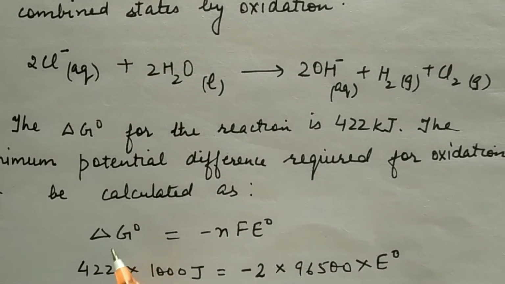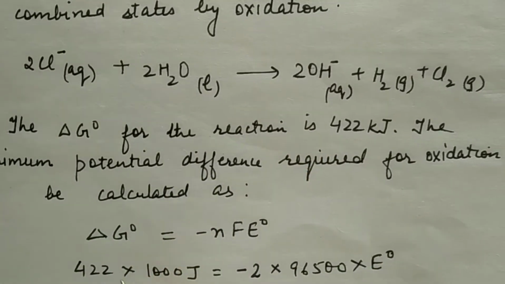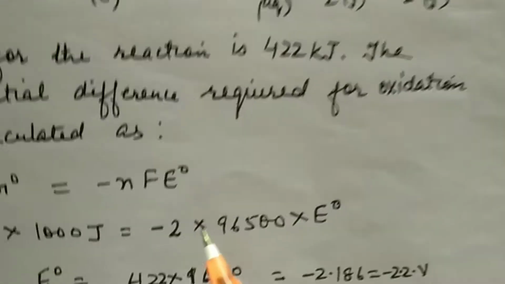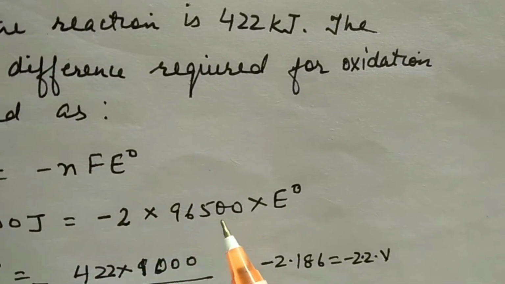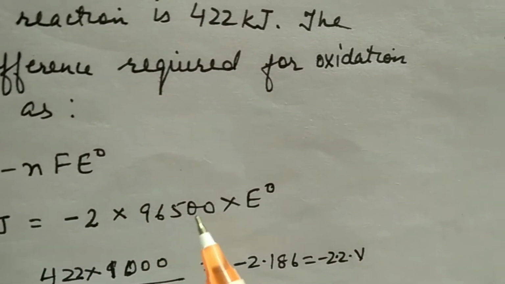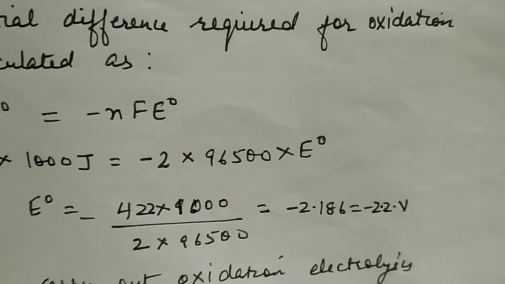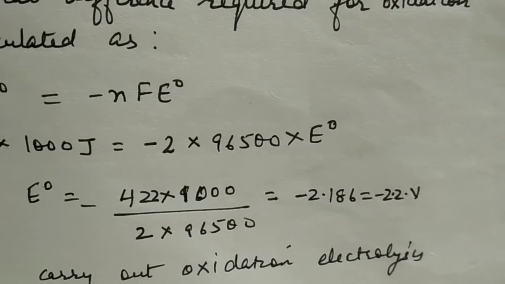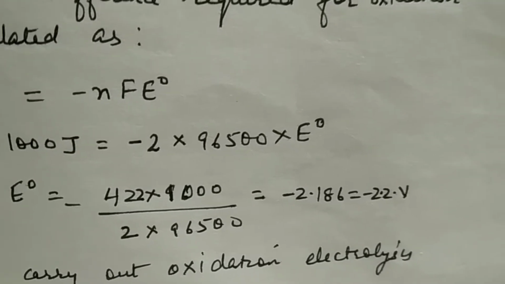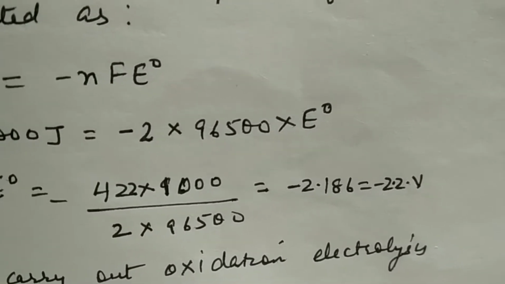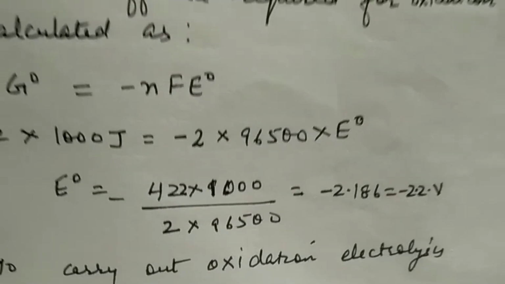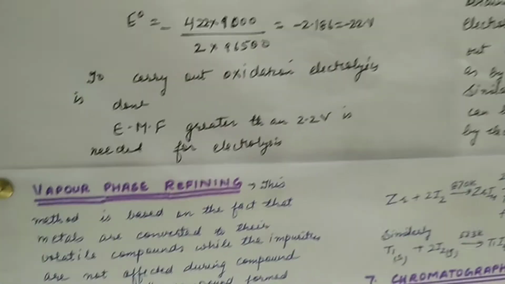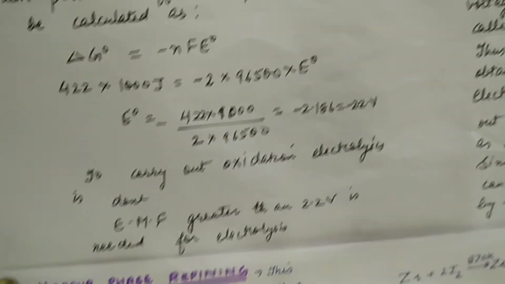Putting the value of delta G0 as 422 into 1000 joules is equal to minus nFE0. n is 2 and F is 96500 coulombs. So the value of E0 comes to minus 2.186. To carry out oxidation, a potential difference of greater than 2.2 volt is required for the electrolysis.